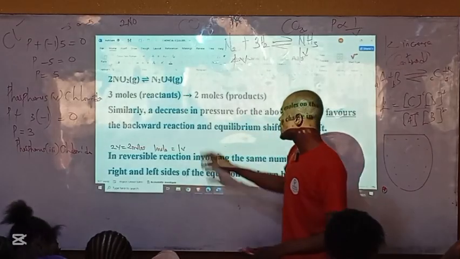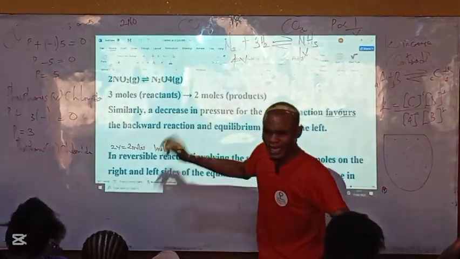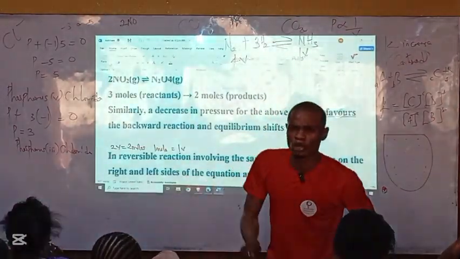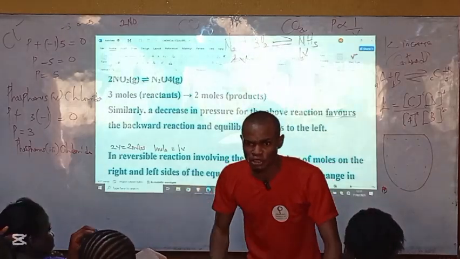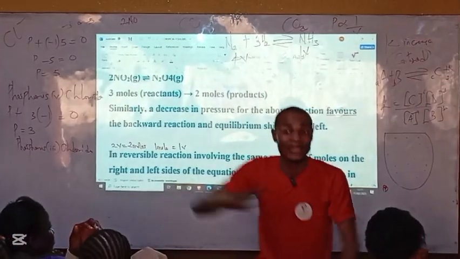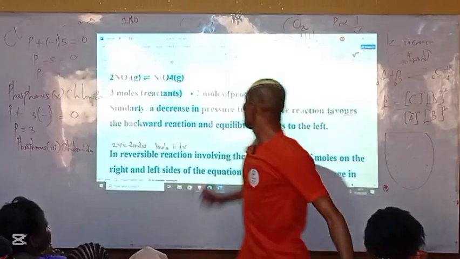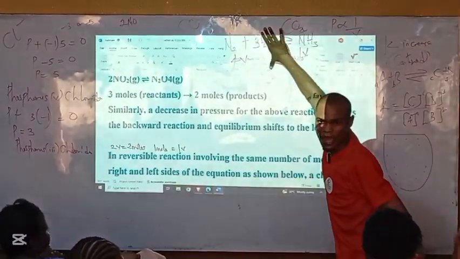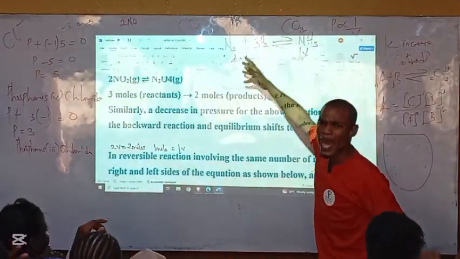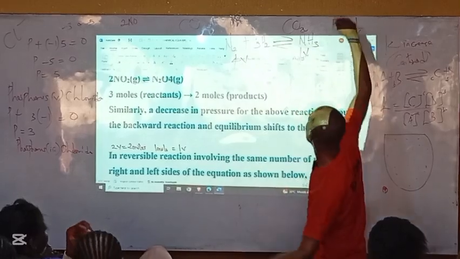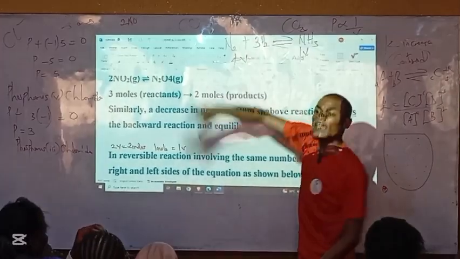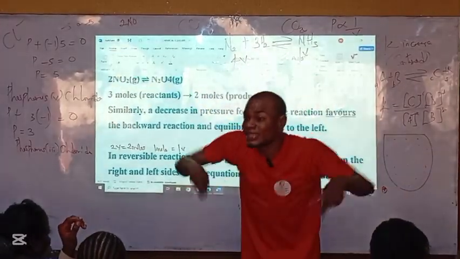Now, a decrease in pressure will favor where we have a larger volume. If I decrease the pressure of this system, it's going to move to where I have a larger volume, because there is an inverse relationship between them. If one is increasing, one must be decreasing.